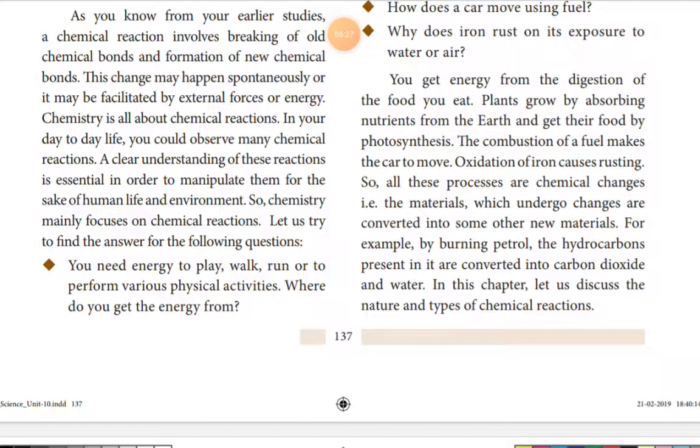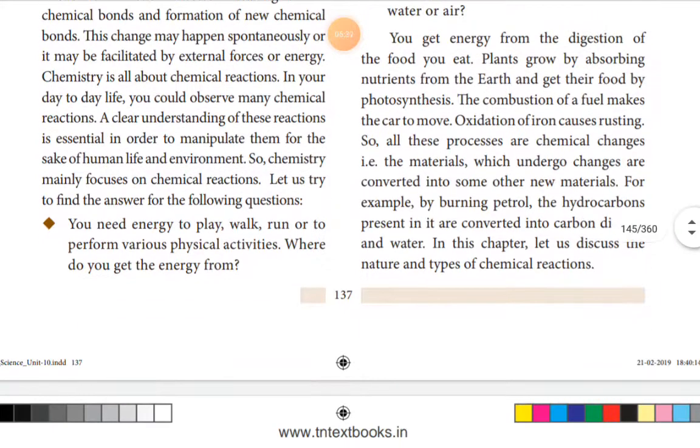Now, let us try to find answers for some questions. You need energy to play, walk, run, or perform various physical activities. Where do you get the energy from? For all our body functions and all our activities, we need energy. How is this energy obtained?